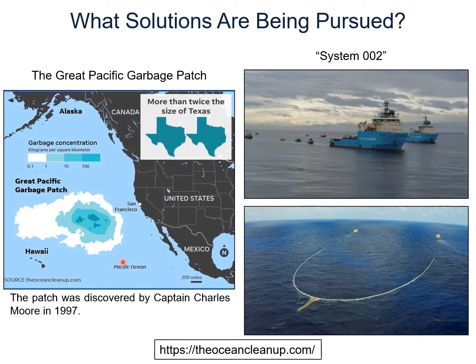And a lot of it's microplastics. Marine wildlife are encountering entanglement problems and they are dying from it. It's a very big problem. It's more than twice the size of Texas.